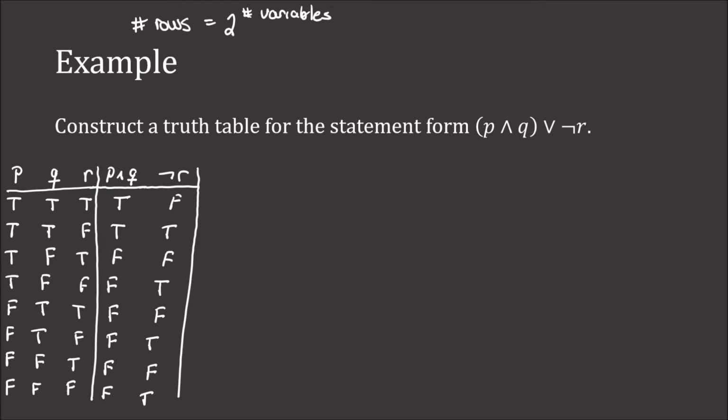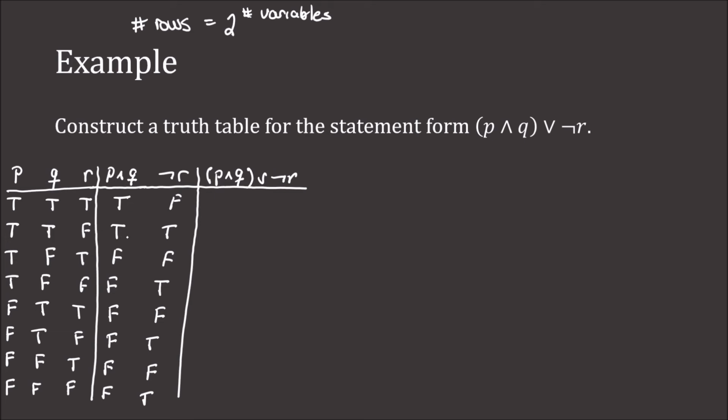We can now form the column for our desired statement form, P and Q, or not R. So we take these 2 columns, and we want to do their disjunction, which is false only when both are false.